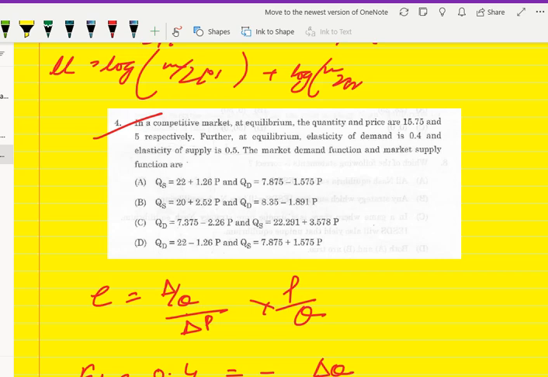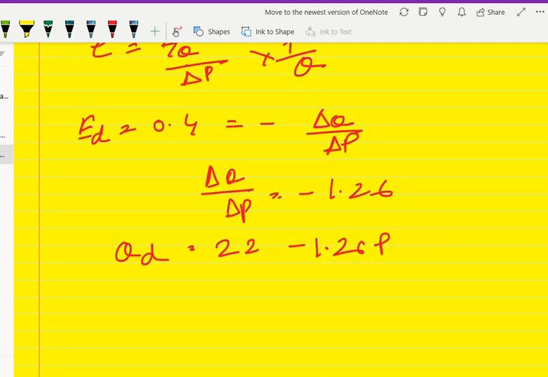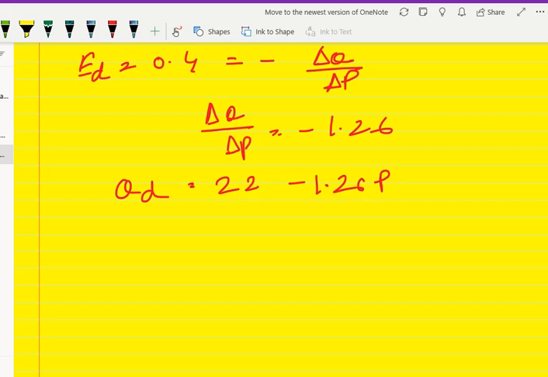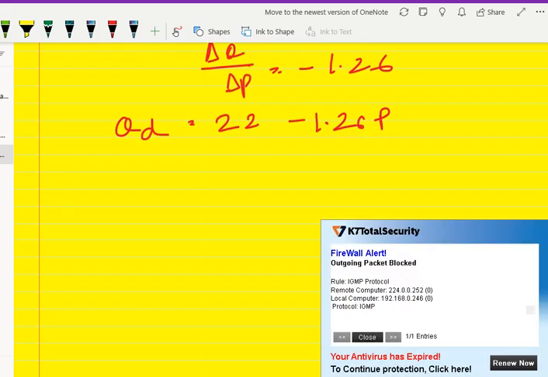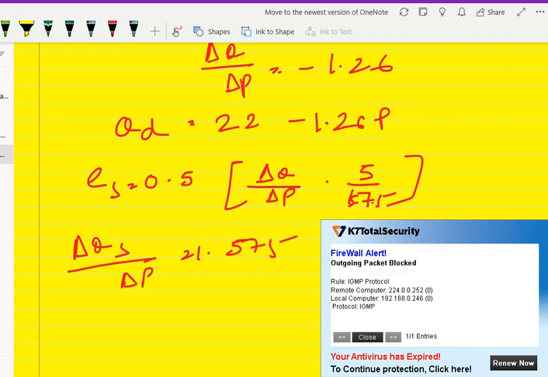Now for elasticity of supply. We know elasticity of supply is 0.5, so del Q by del P times 5 by 15.75 gives del QS by del P as 1.575.